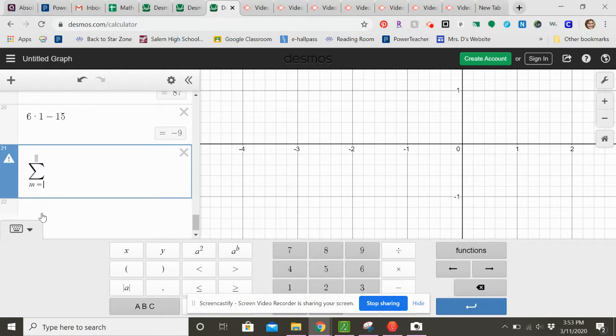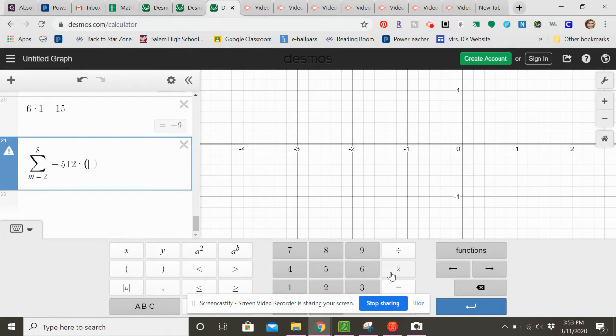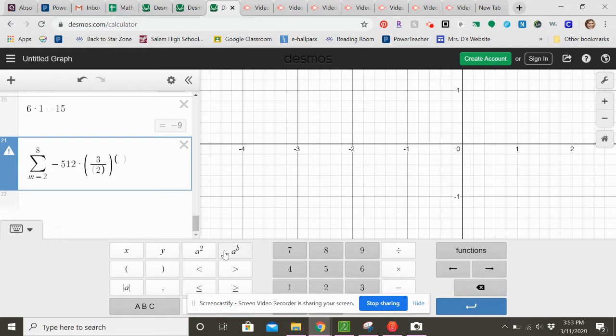All right, so from 2 up to 8, negative 512 times 1/2. Now don't forget right here, when you put this in parentheses, you need to put the whole exponent in a set of parentheses. So that entire m minus 1 is raised up in the parenthesis position.